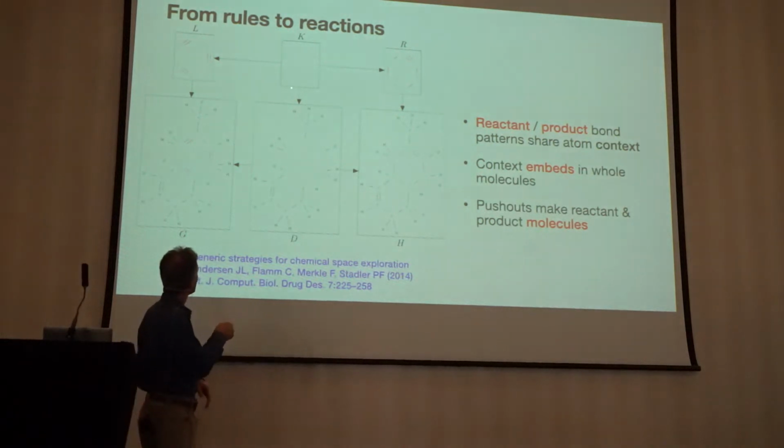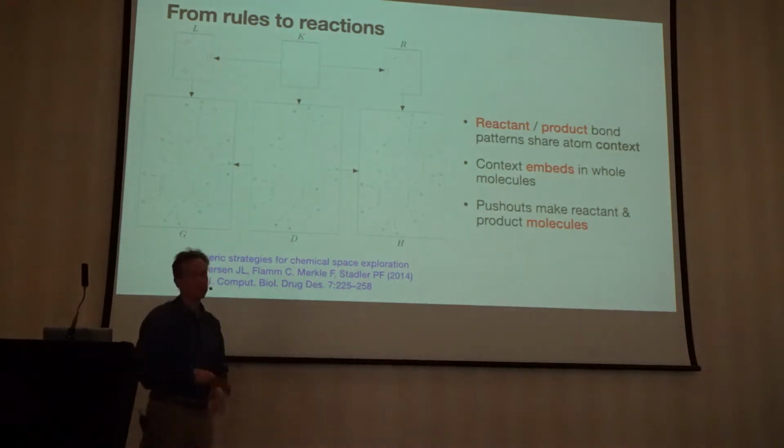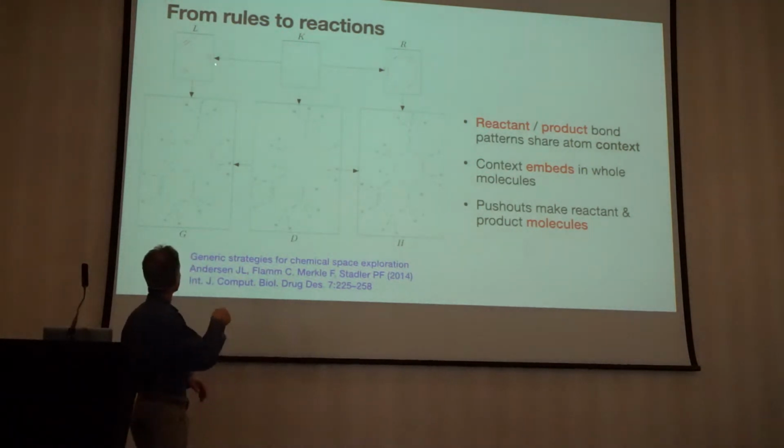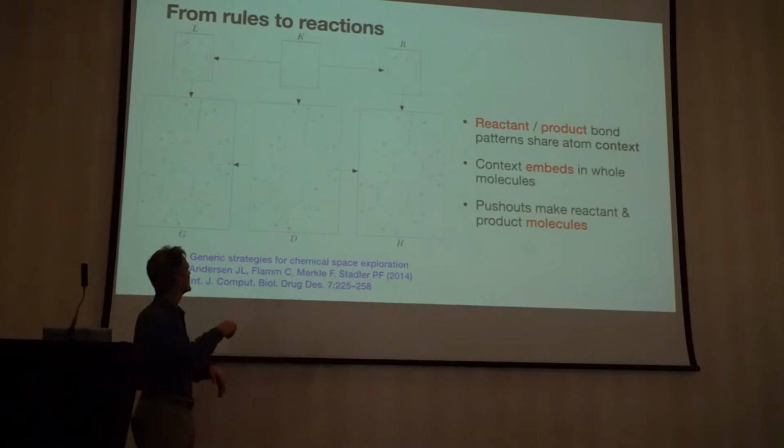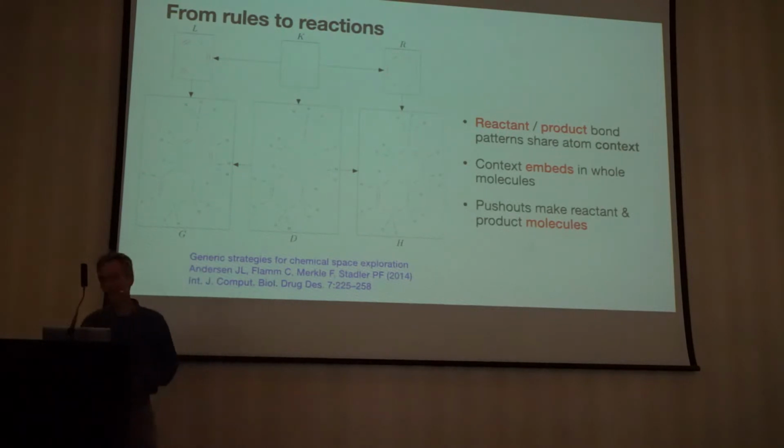A rule is basically a collection of atomic centers and bonds that are rearranged in going from reactants to products, together with a requirement that these can be embedded in an order-preserving way in explicit molecules. And so the context at the rule level comes from a combination of what is created in going from reactant to product and what is produced by the way this rule is embedded in the particular molecule.